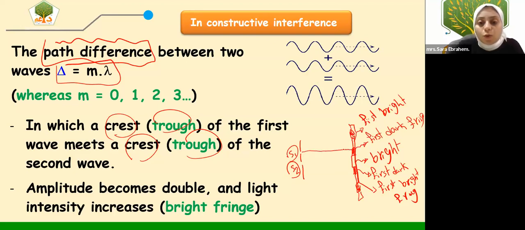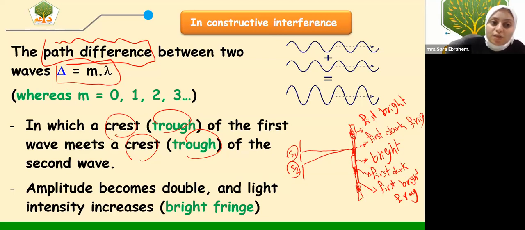This is the path of the light wave coming from slit 1, and this is the path of the light ray coming from slit 2. They aren't equal; one of them is greater than the other.